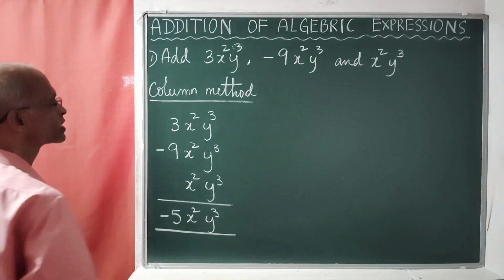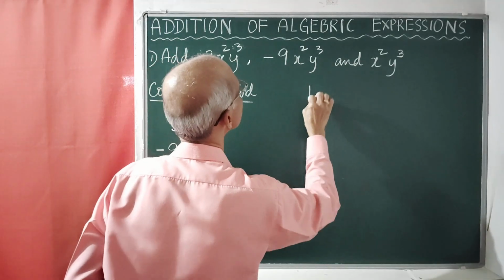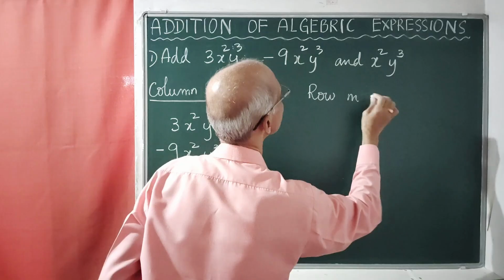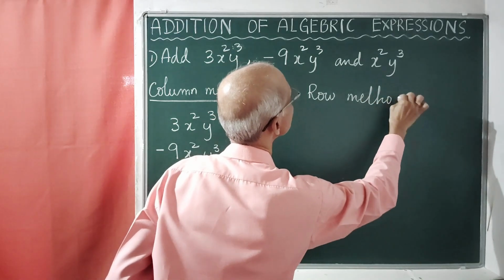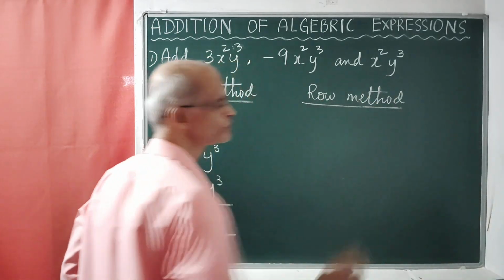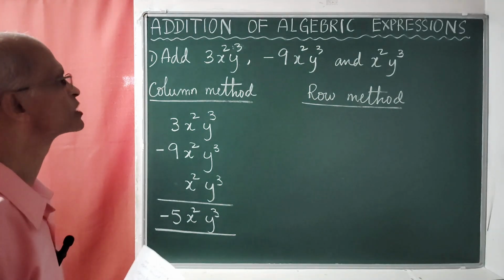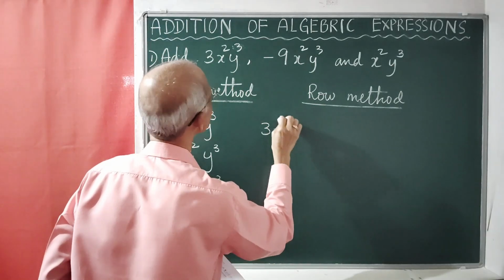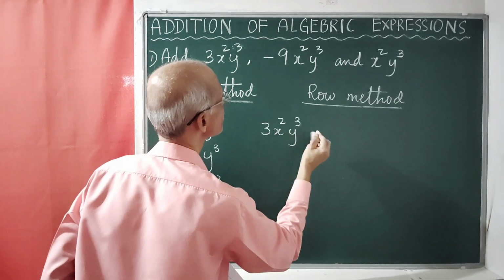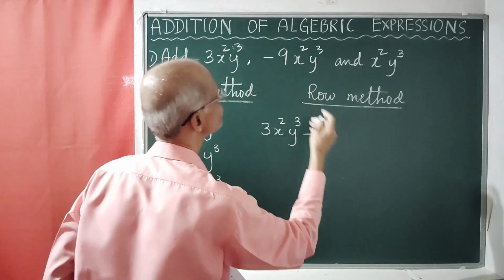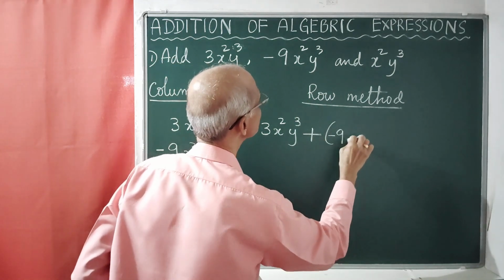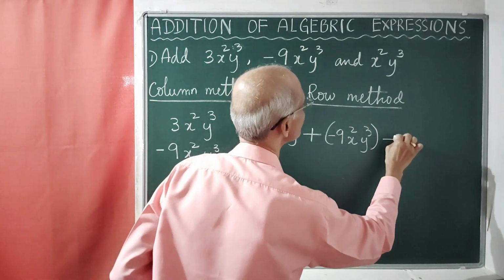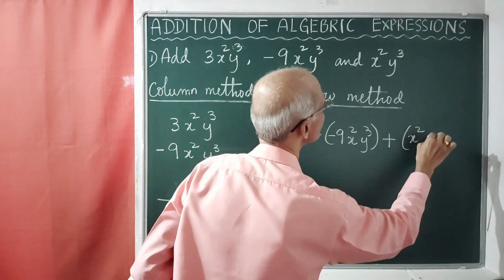The same sum, we will do it in the row method. In the row method, first put them all in a row. 3x square y cube plus, written within the bracket, minus 9x square y cube, plus x square y cube.